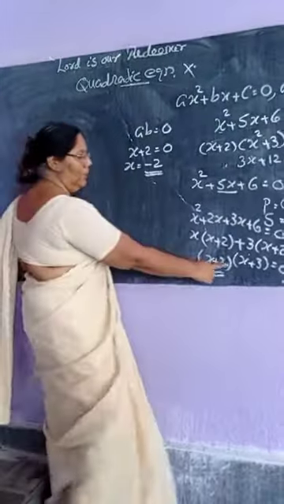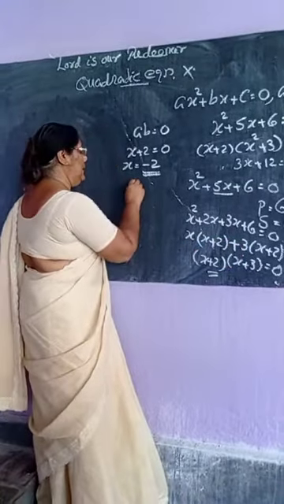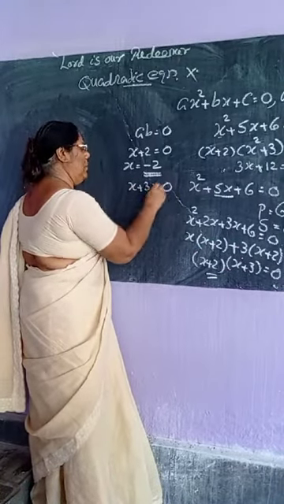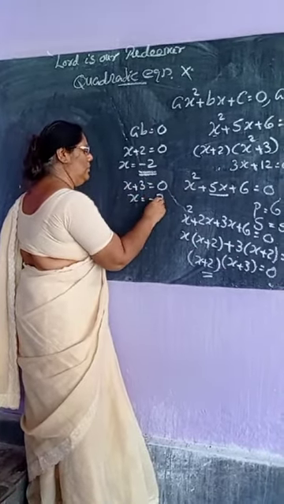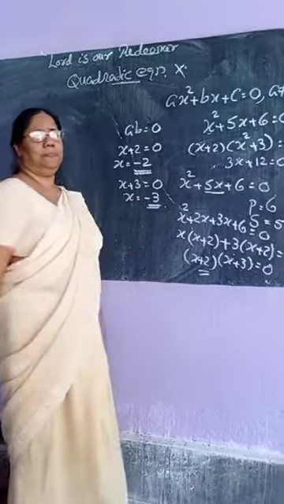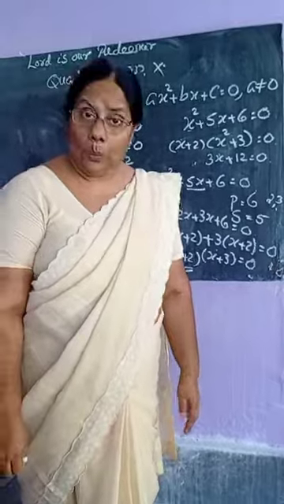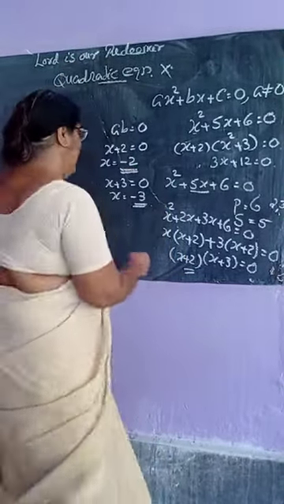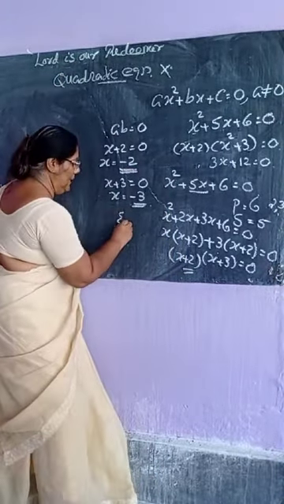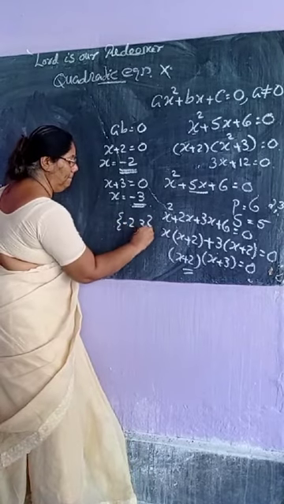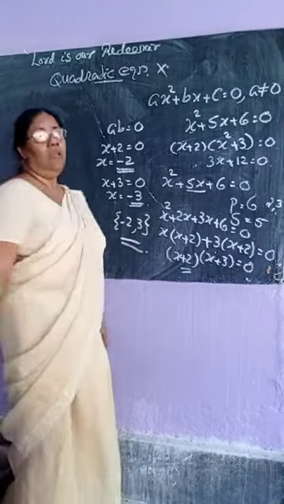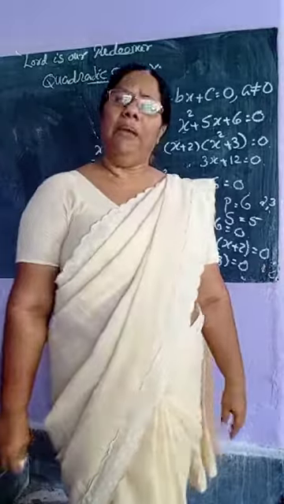Then what about the next, B? x plus 3 equal to 0 means x equal to minus 3. Therefore, the roots or the zeros are minus 2 and minus 3. These are the values. By prime factorization, we can find the answer.